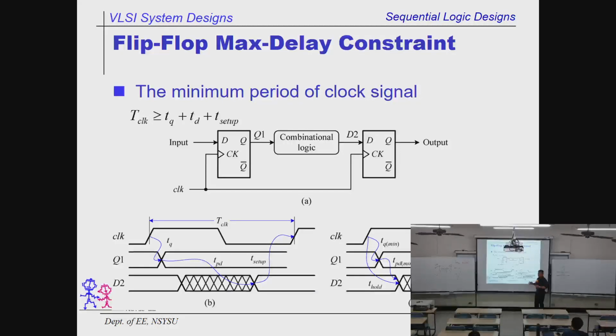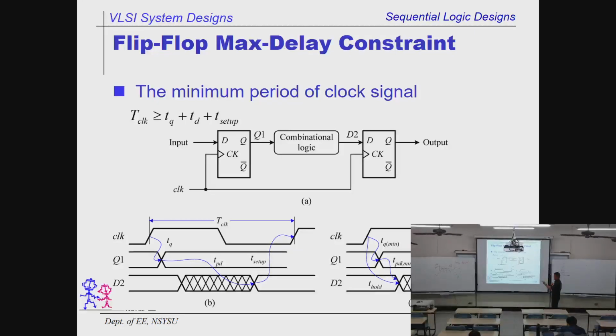We want to make sure every operation is correct, so we always consider the worst case. This is the best: minimum TQ, minimum propagation delay, and enough time. It's perfect. But the world is not that perfect. We always have problems of variations, noise, and unstable voltage supply. So we don't count on that.